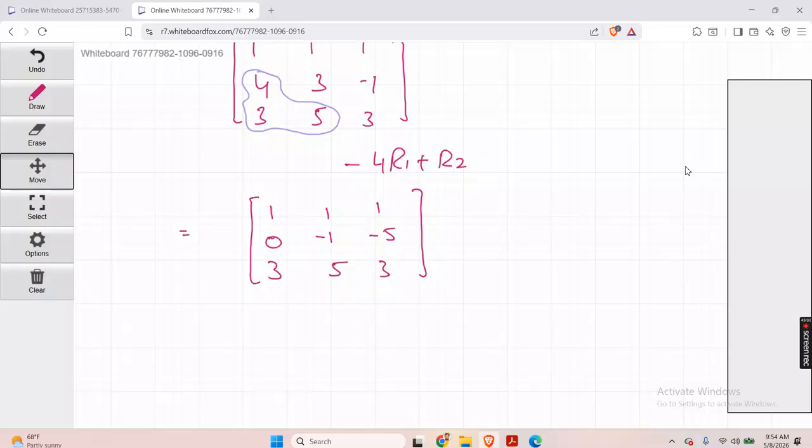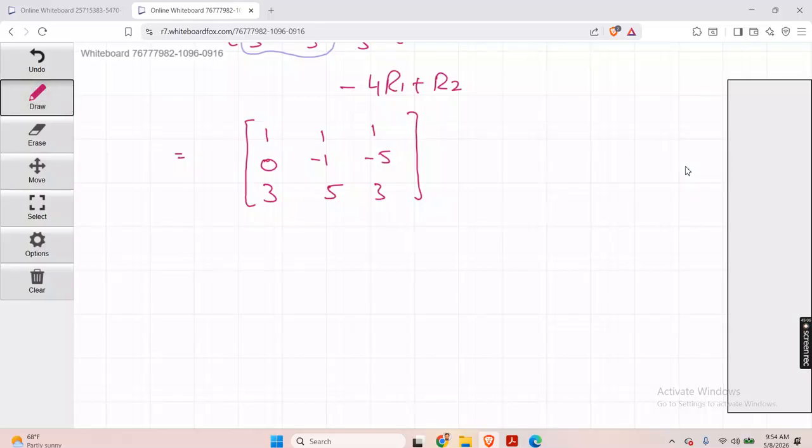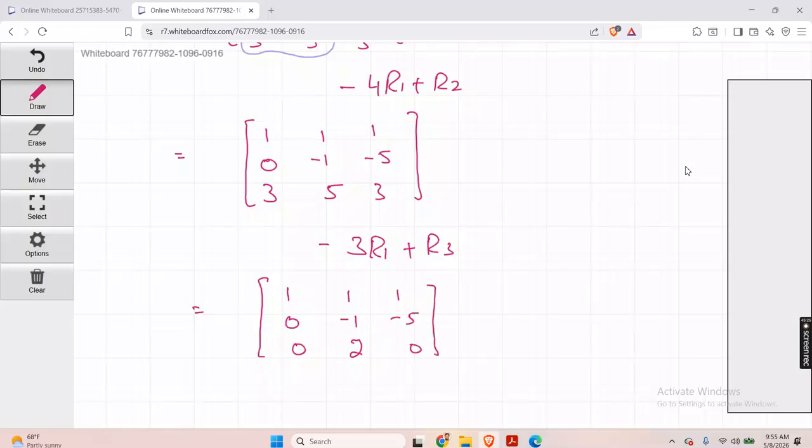Then we have this 3 here, so we can apply the operation, and we will get 1, 0, 0.